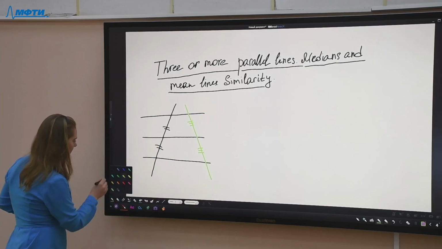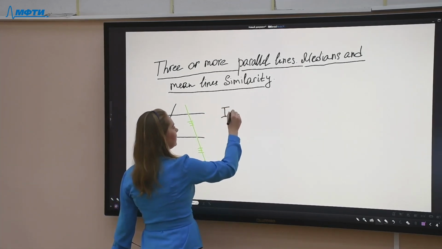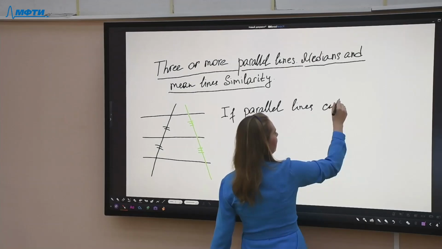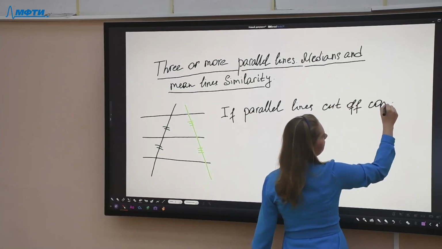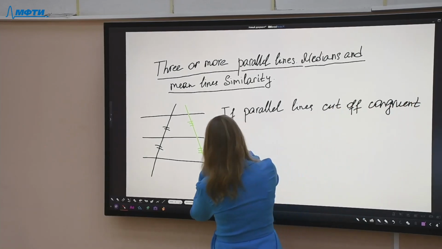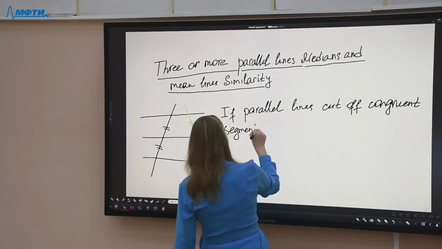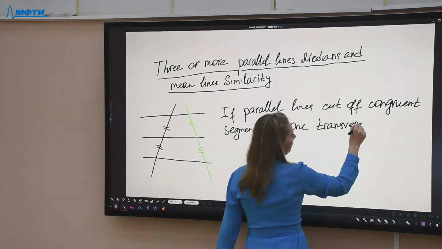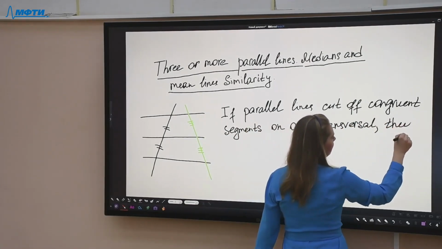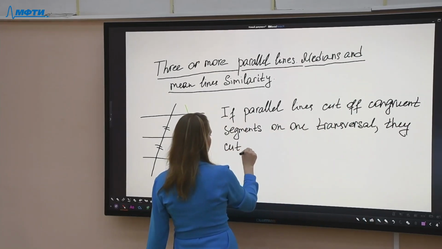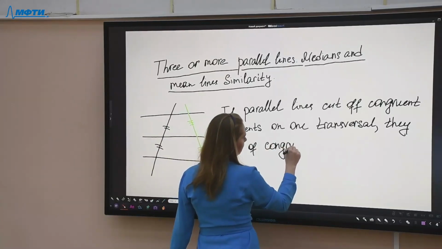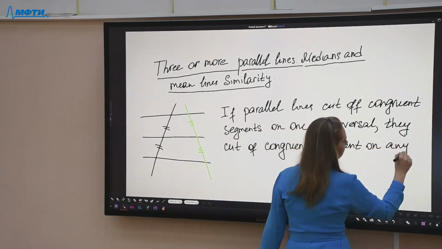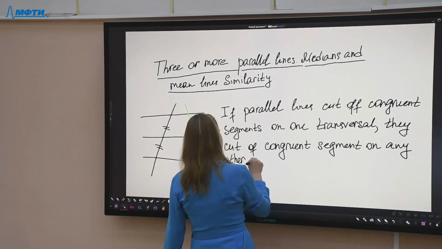So let's write it down. If parallel lines cut off congruent segments on one transversal, then they cut off congruent segments on any other transversal.